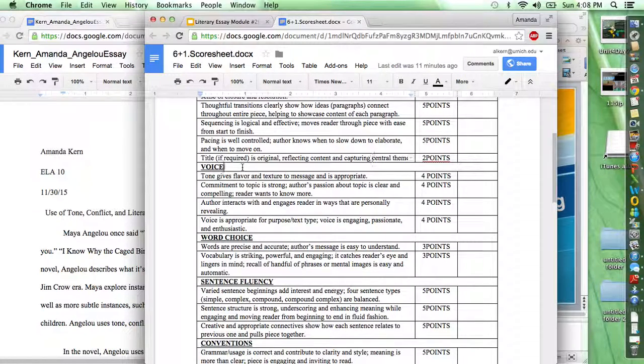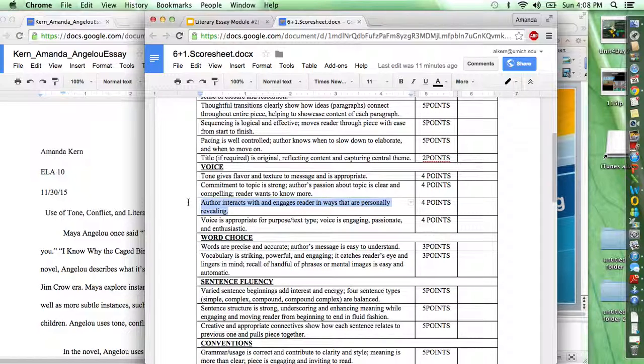The next category is voice. Make sure that the tone of the essay is interesting and appropriate, that the author seems to actually care about what they're talking about, rather than just mindlessly writing about it.